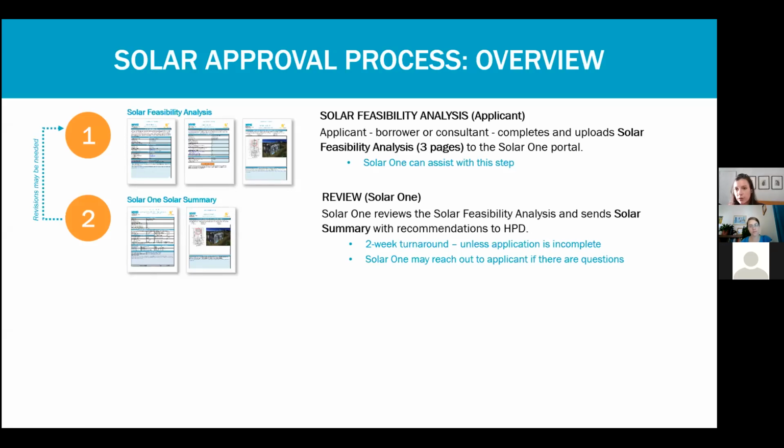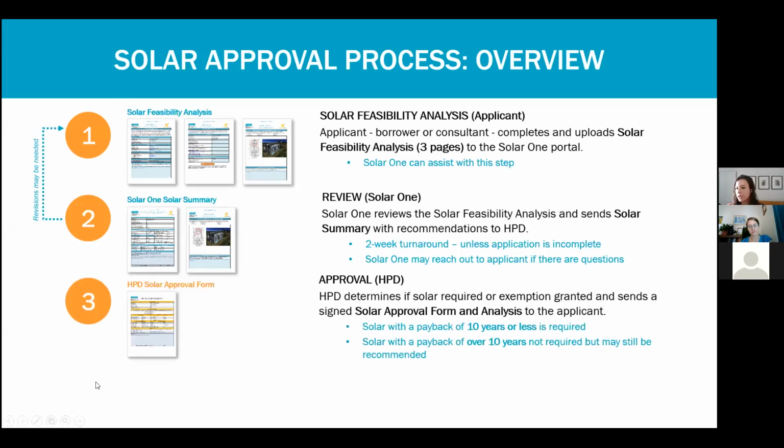Often Solar One will email you if we have questions or if something isn't clear to us, so there might be some back and forth before we finalize our review. Then we send our review and the analysis to HPD, and they will generate the solar approval form, either approving the solar or approving an exemption. And again, solar is required for projects with a 10-year or less payback period, and then often recommended if it's over 10 years but still cost effective.